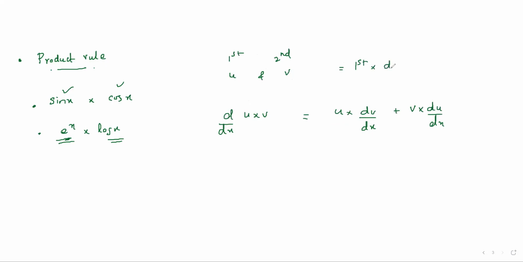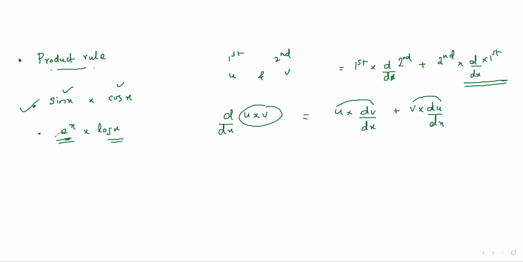First function into derivative of second function plus second function into derivative of first function. So this is the rule. d by dx of u into v is u into derivative of v plus v into derivative of u. First function into derivative of second function plus second function into derivative of first function.